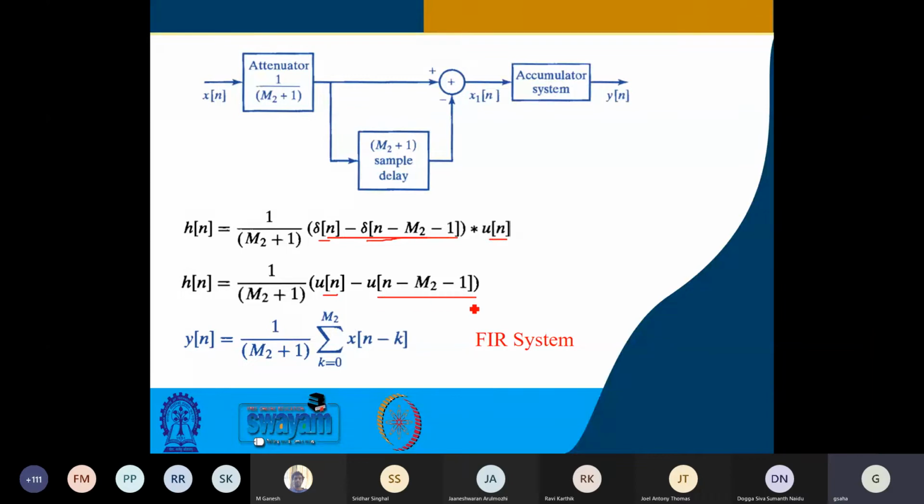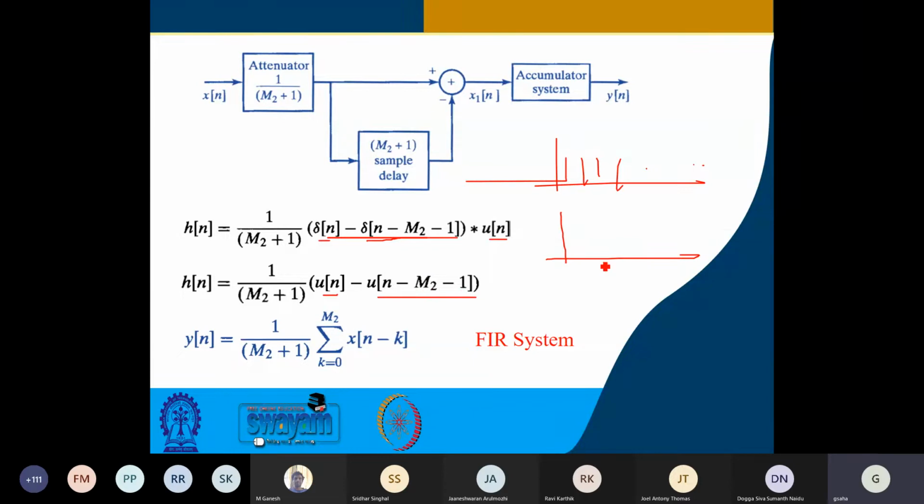Now what is this un minus m2 minus 1? This is a finite duration signal. We have seen it before. From k equal to 0, un goes up to infinity, and un minus m2 minus 1 is a right shift.